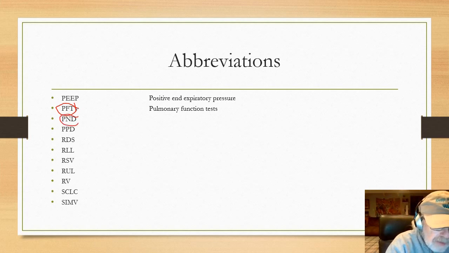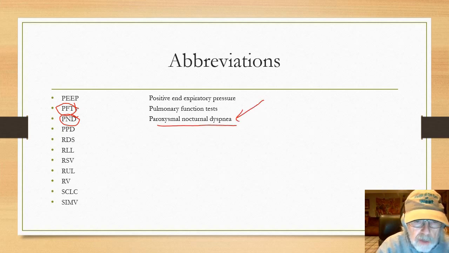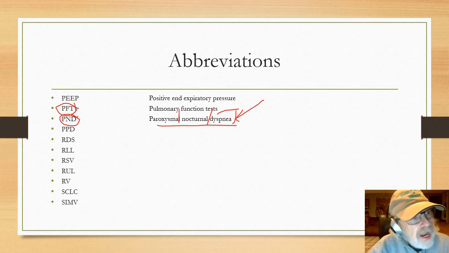PND is one that's probably also cardiovascular. It's called paroxysmal nocturnal dyspnea. Paroxysmal means comes in spasms or bouts. Nocturnal means at night, and dyspnea is shortness of breath. When people have heart failure, when they're up during the day, their ankles start to swell, because the heart's not pumping things back, so everything backs up in the systemic circulation.